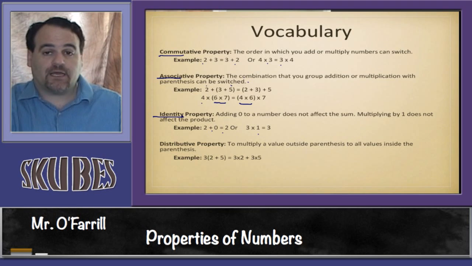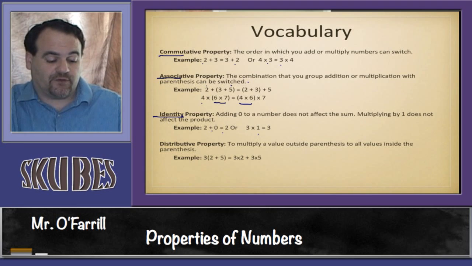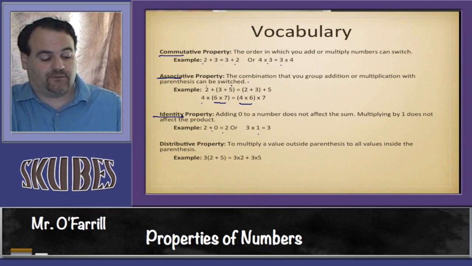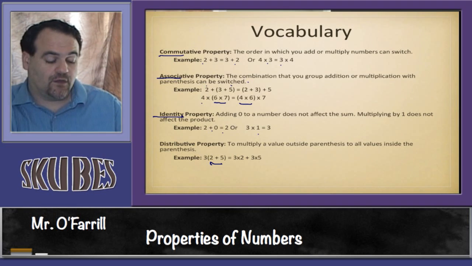And then the last one is the distributive property. To multiply a value outside parentheses to all values inside the parentheses. So here we have 3 times 2 plus 5. We would do the 2 plus 5 first, which is 7, times 3 is 21.